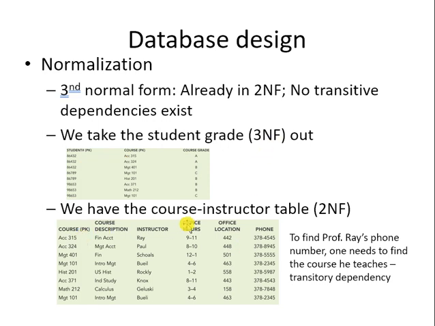And we have the course instructor table. Although we removed a lot of repeated information, it's still not in the third normal form. Why? Where's the problem? For example, I want to find Professor Ray's phone number. Professor Ray's instructor phone number.